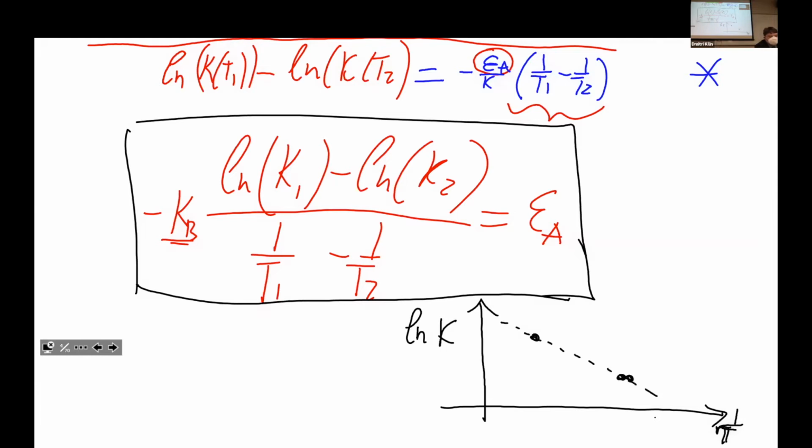And if one does more than 2, like 10 or 20, with some errors and deviations, they will be scattered approximately around one line. And then one can draw an average line and tell that the slope of this line is the activation energy.